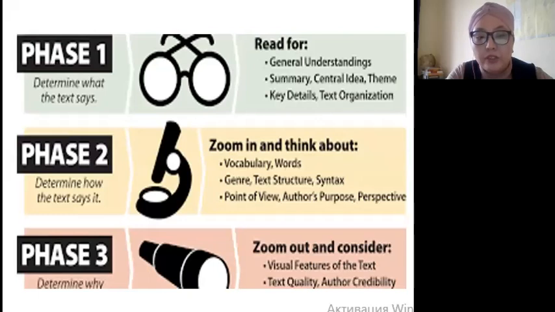In the third phase, you determine why it is so. You are zooming in on visual features of the text and considering text quality and author's credibility. All of these steps help you to indicate the author's most important points, then also supporting points like examples, reasons, statistics, etc. that the author uses, and draw connections between ideas.